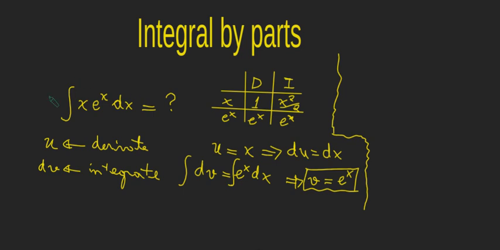Let me call this integral I. So I is, by the integral by parts technique, equal to uv minus the integral of v du. This is the formula for integral by parts.